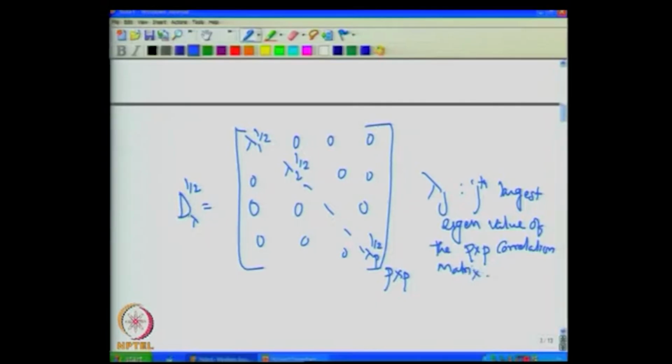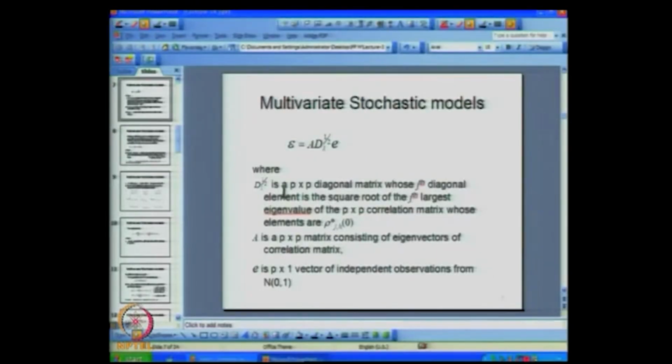So, this is how you form the D lambda to the power half matrix. I repeat again, it is a p by p diagonal matrix whose jth diagonal element is the square root of the jth largest eigen value of the p by p correlation matrix whose elements are rho j h star 0.